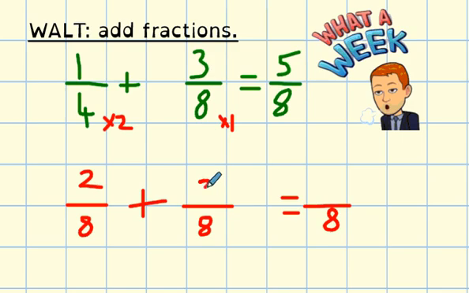And then I've got a nice, straightforward Year 4 adding fraction calculation to do here. 2 8s add 3 8s would give me 5 8s. My answer is the same, so my bar model method works, as does my common denominator method.